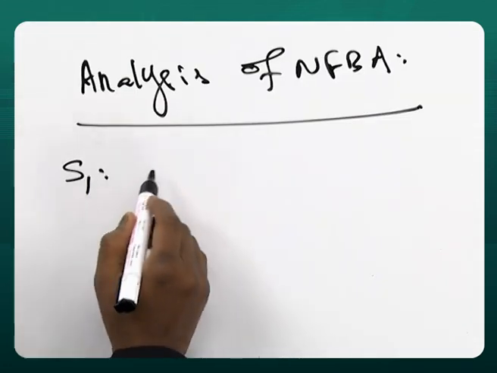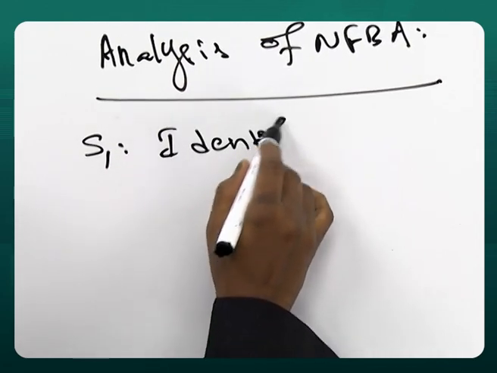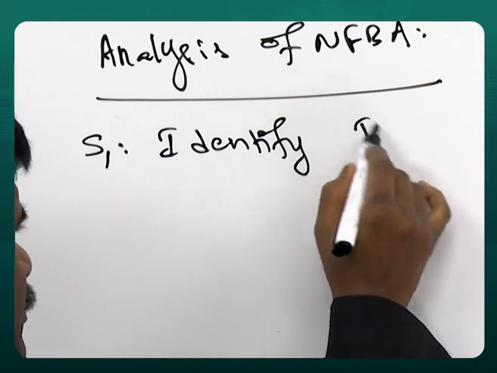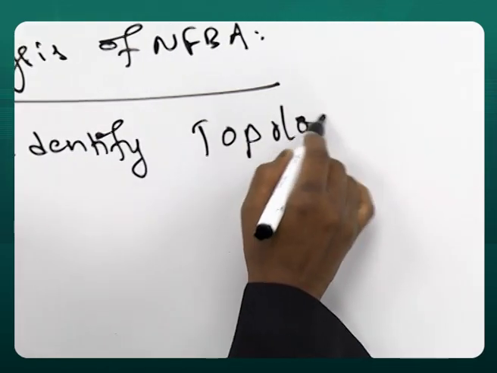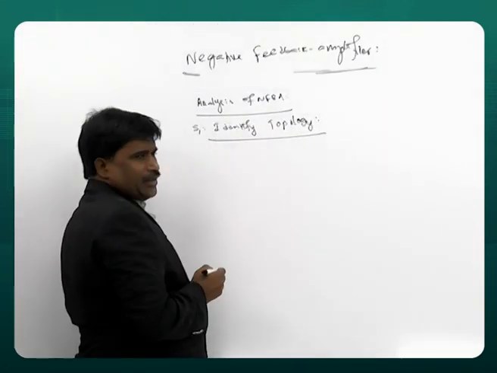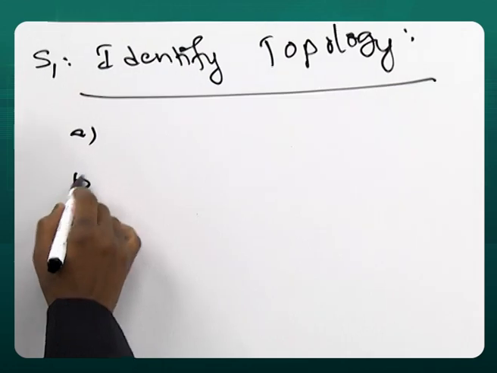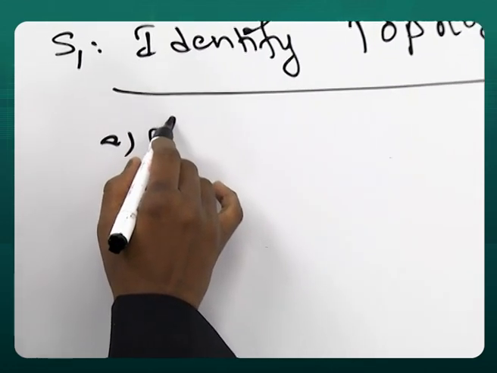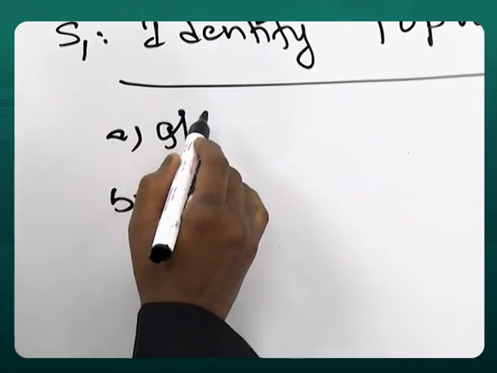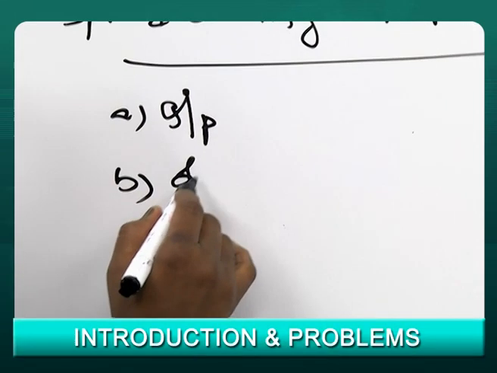Step 1. Identify topology. How do you know that? Input, output.